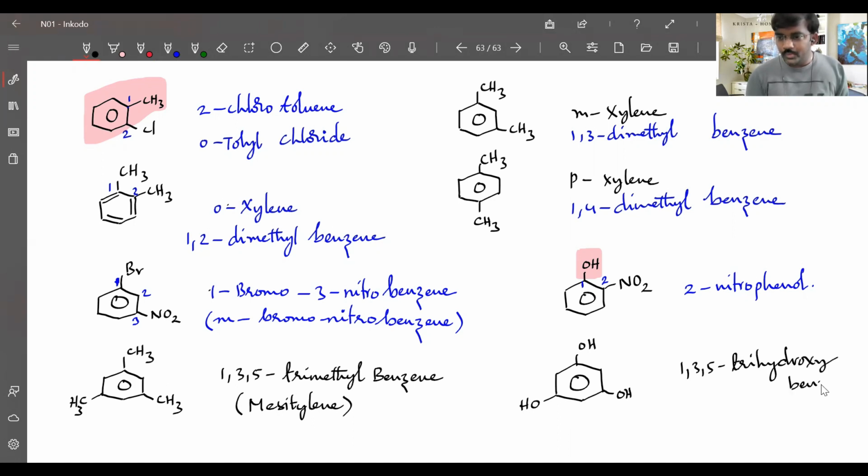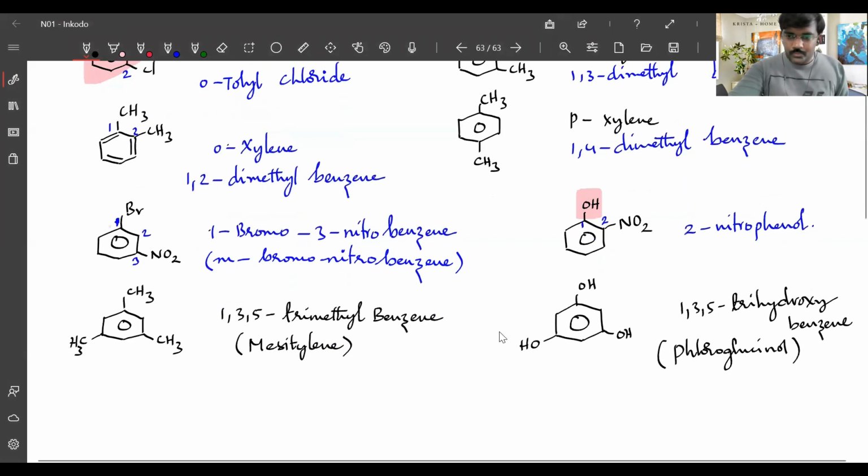This is the IUPAC name. But generally we also call it phloroglucinol. That is another name for this compound. I'm writing only important derivatives of benzene, right?